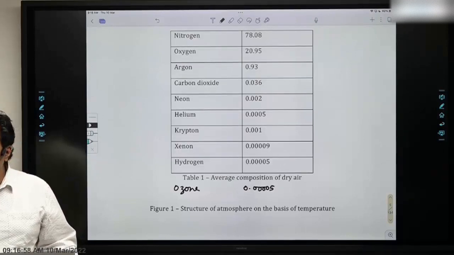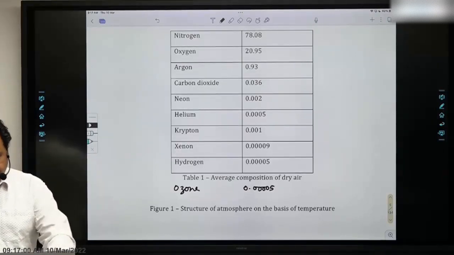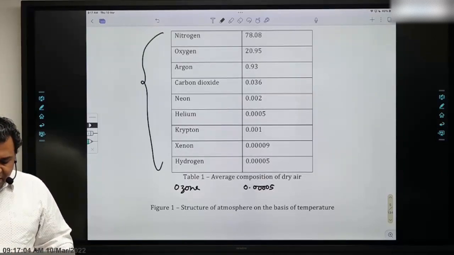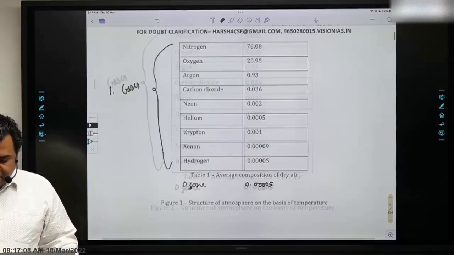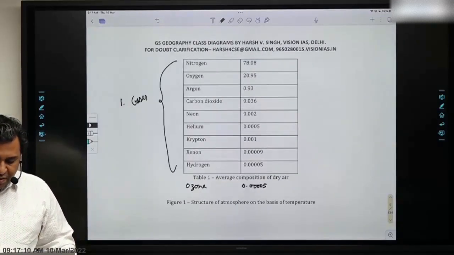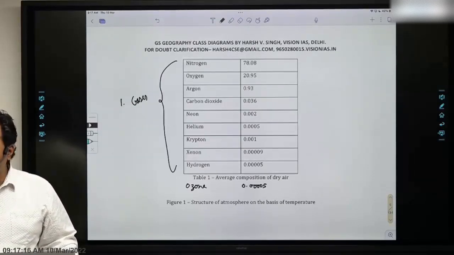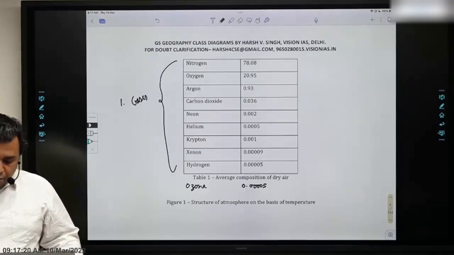Okay, right. So what are these? These are all the gases in the atmosphere. But is the atmosphere made up of only gases, or is there something more? There are dust particles as well as water vapor. Okay, so those two things are also there.